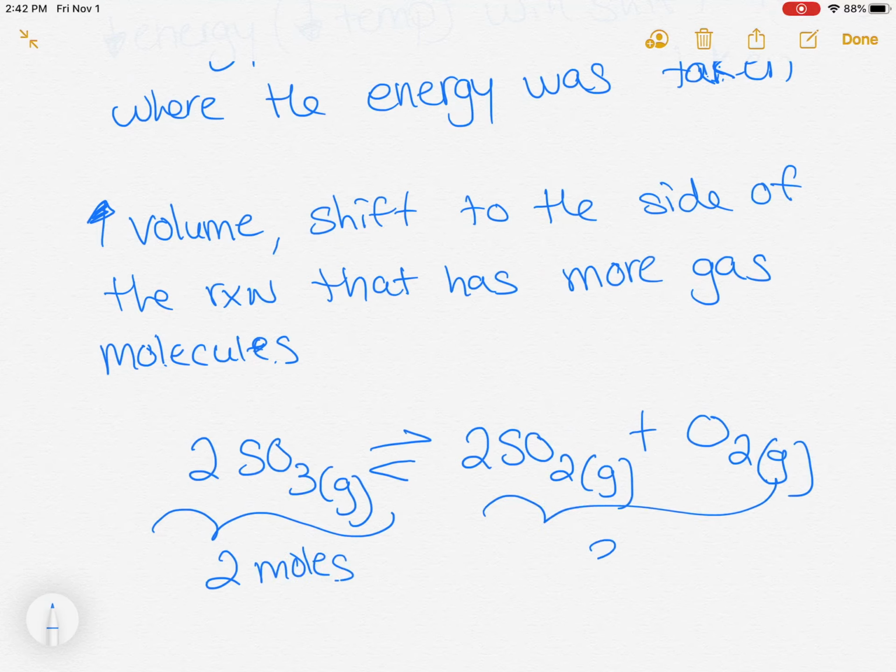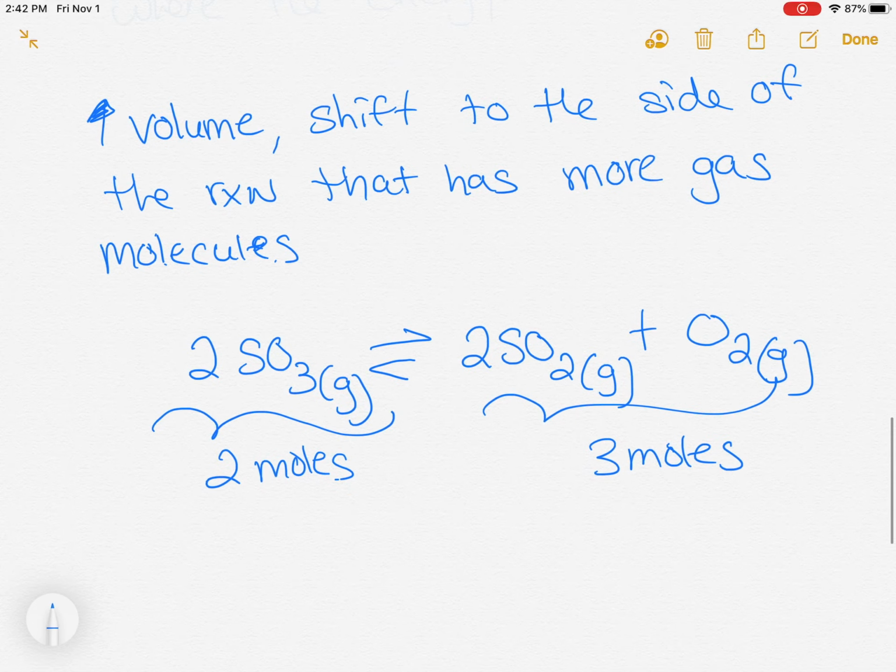This side of the reaction has 3 moles. So if we were to increase the volume in this reaction, we would shift to the side that has more moles, which is the right side. So for this reaction, if we increase volume, we will shift right.